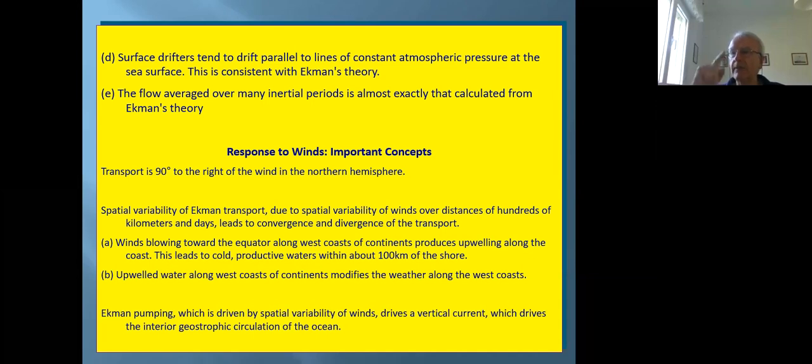Upwelling means this upward motion of the water near the continent coast, due to the Ekman transport, which is perpendicular to the coast and seaward, and this is due to the equatorward wind blowing along the west coast of the continents. This is a very important thing.